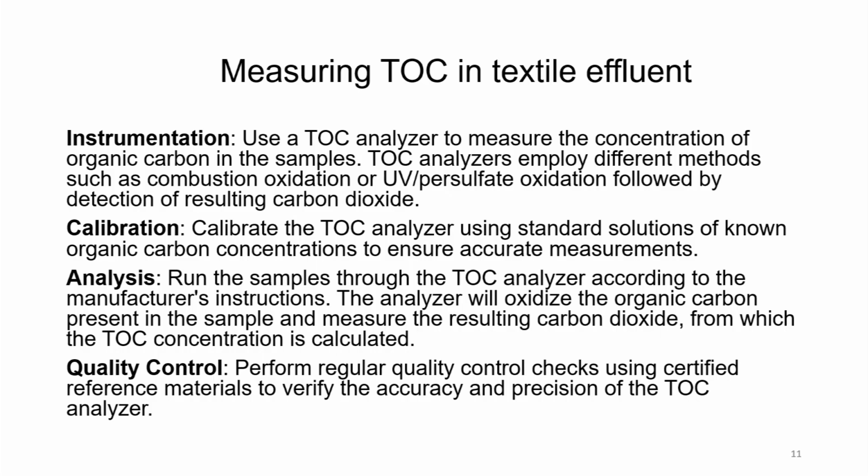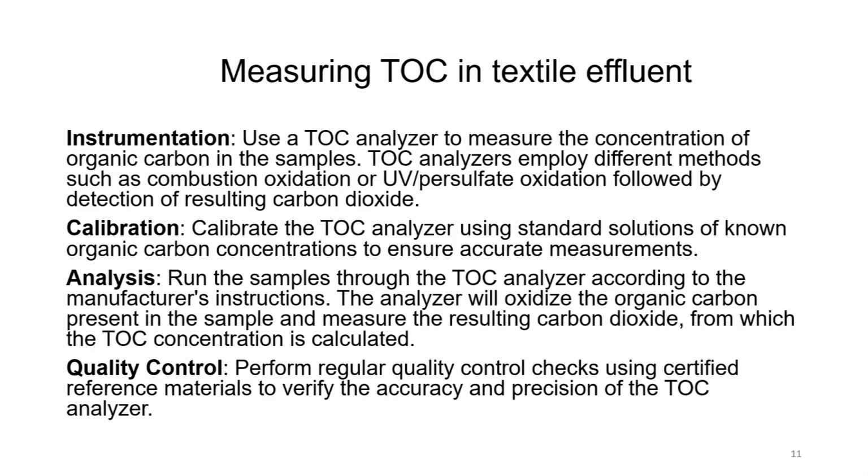TOC analyzers employ different methods such as combustion oxidation or UV persulfate oxidation, followed by detection of the resulting carbon dioxide. So, either by combustion oxidation or UV persulfate oxidation, the organic carbon content is evaluated in terms of the release of carbon dioxide.